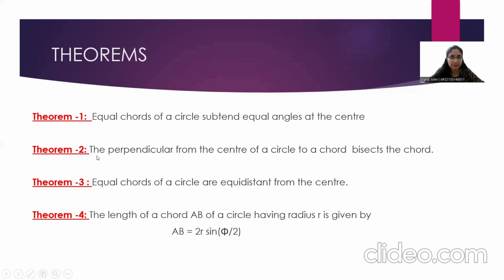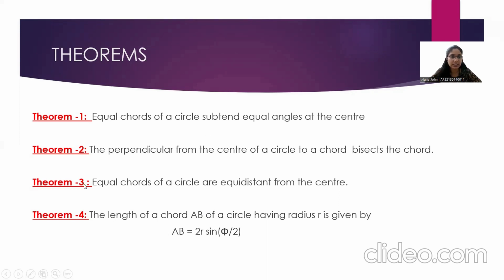The second theorem was the perpendicular from the center of a circle to a chord bisects the chord. That is, we are given a chord in a circle, and if we are drawing a perpendicular from the center to that chord, then the perpendicular divides the chord into two equal parts. That is the second theorem.